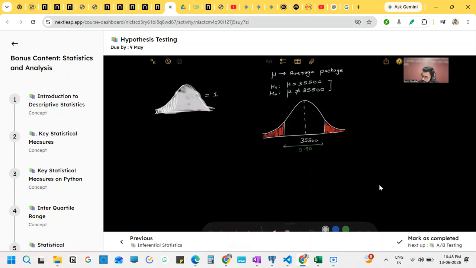Now, when we talk about a right tail test, my right region is the rejection region. Here I'm rejecting. So if my value after the test lies on the right side, I'll reject the null hypothesis. On this side, we have acceptance.